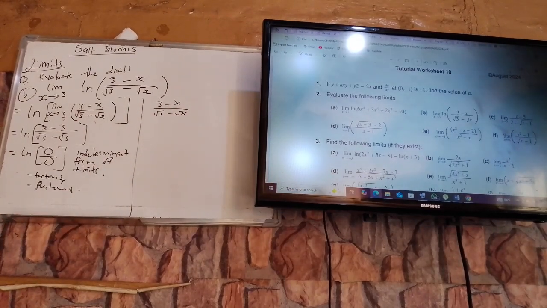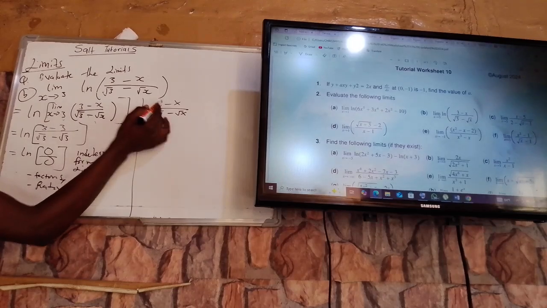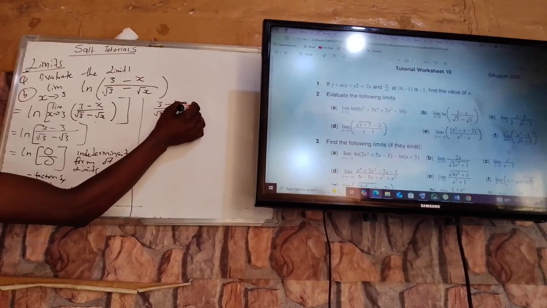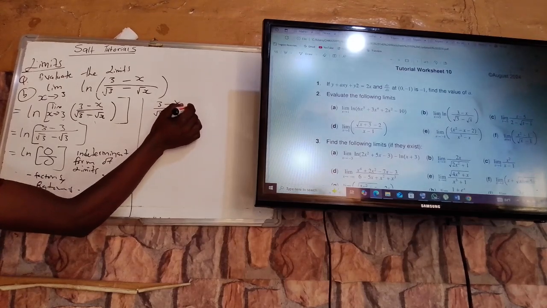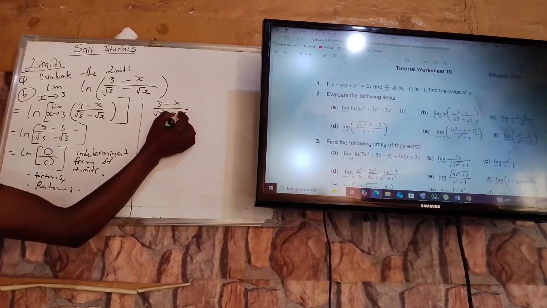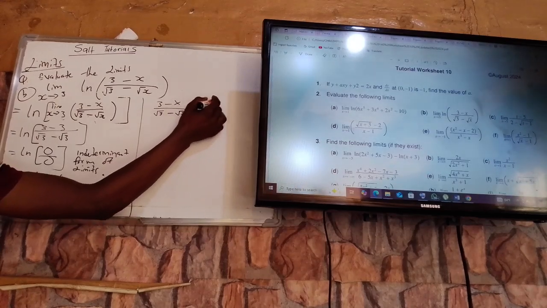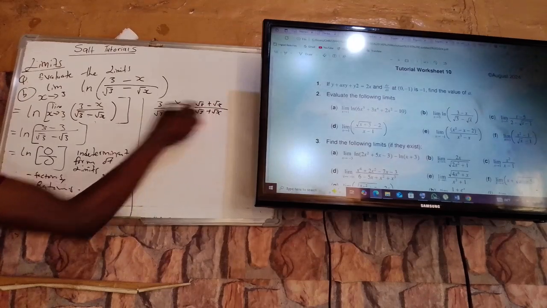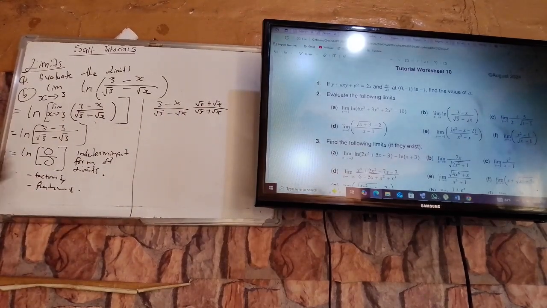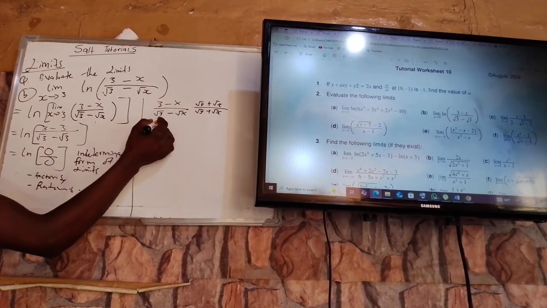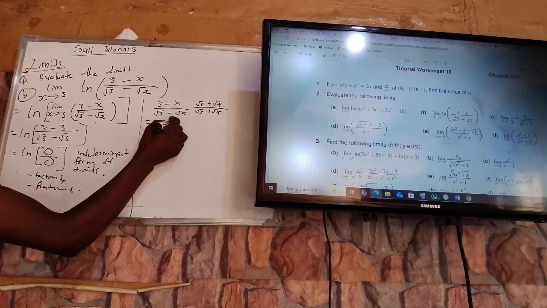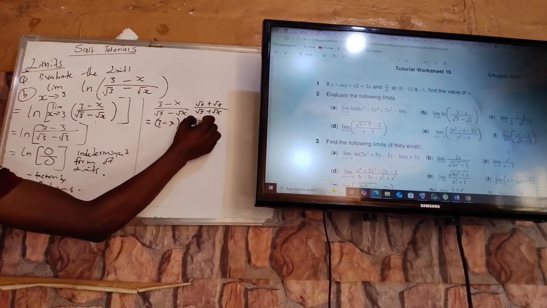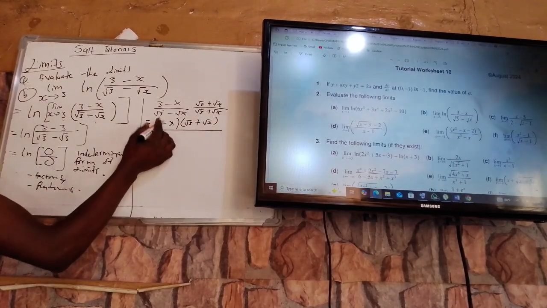This can be broken down by rationalizing. If I multiply this by the conjugate, this would be root 3 plus root x over root 3 plus root x, rationalizing the denominator, so that this times that gives 3 minus x times root 3 plus root x over the denominator.